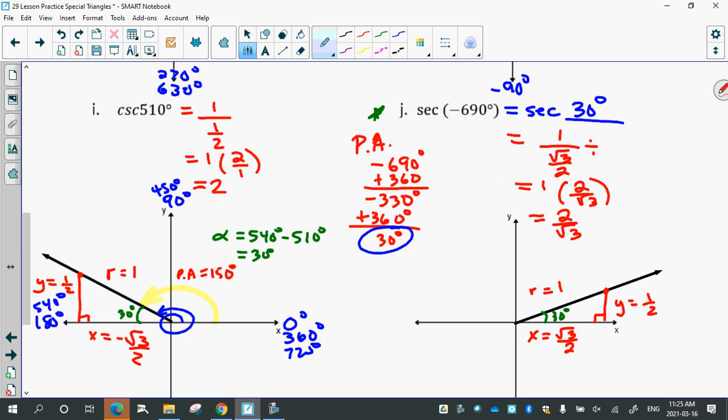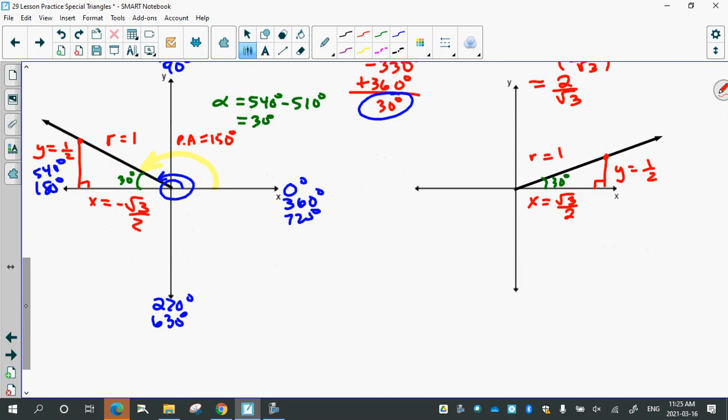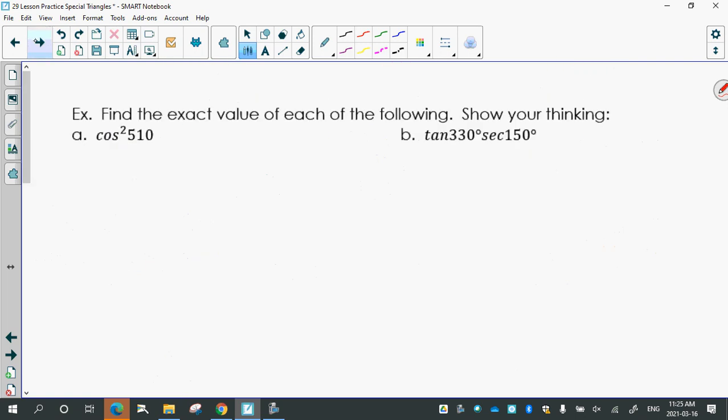So 1 over the cos of negative 690 should be the same as 2 over root 3. 1 divided by the cos of negative 690 gives me 1.1547. 2 divided by the square root of 3 also gives me 1.1547. Okay? All right, so keep that in mind when we do our last few questions here.